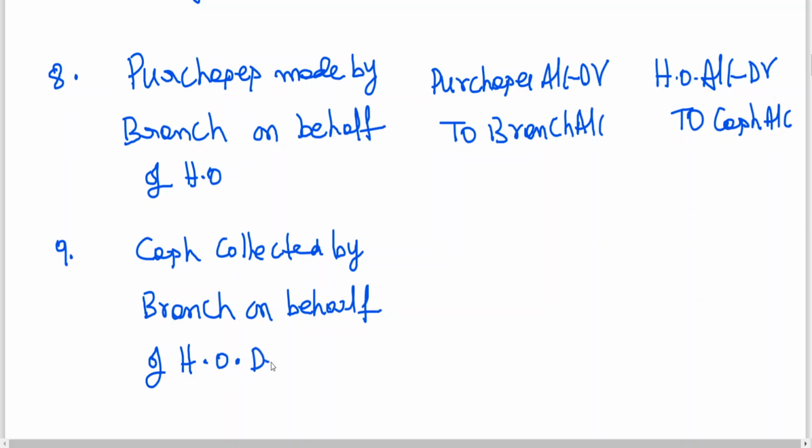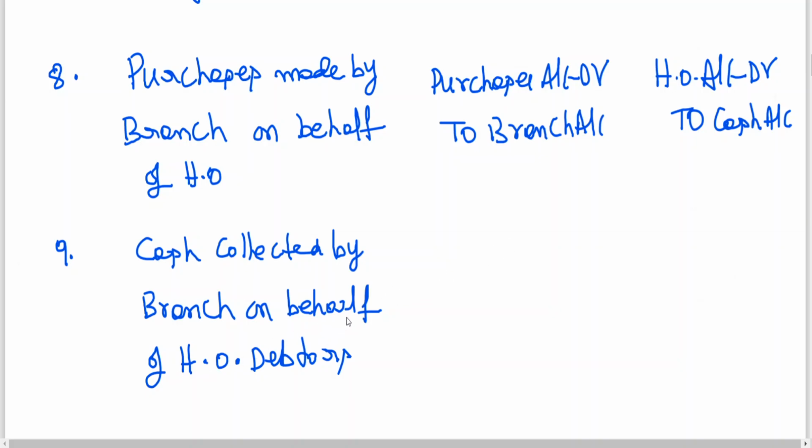Suppose head office debtors are created, not by the branch like Calcutta. Calcutta customers, they directly have a contract with the head office. They got goods from head office. Calcutta customers of head office, not Calcutta branch. Amount is collected by branch.